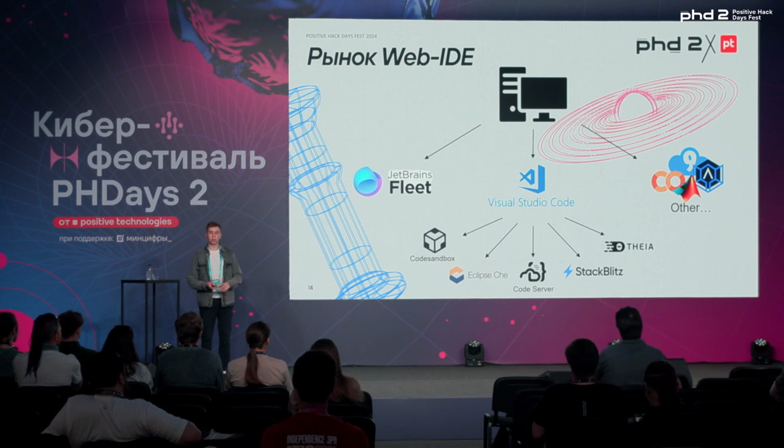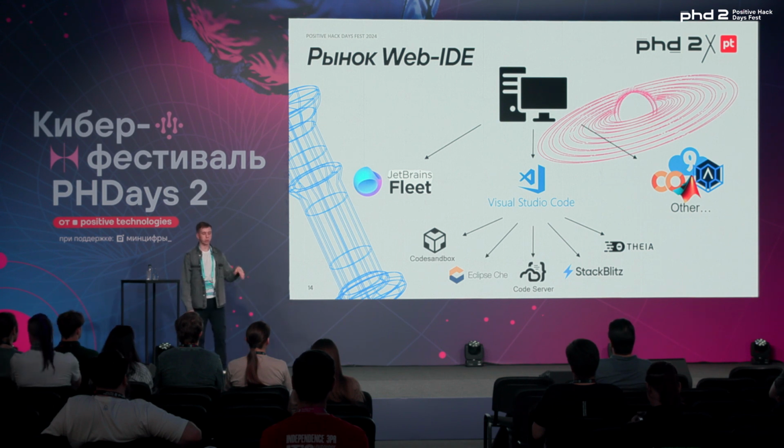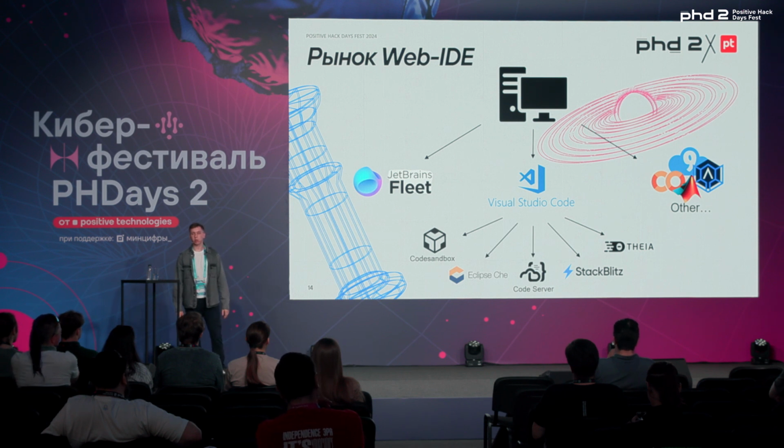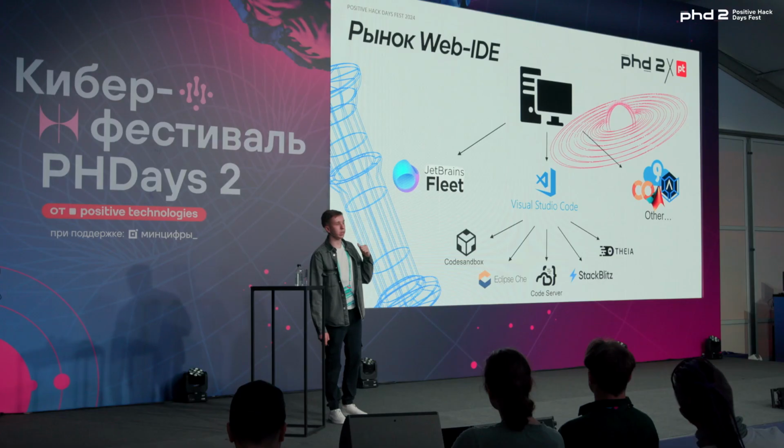Now, I'm showing them here as three groups. IDEs that are coming from JetBrains, that is Fleet primarily. Now, there are some others that are sort of similar. Now there is also the Microsoft family, primarily represented by Visual Studio Code, and some other IDEs in Group 3. Why such a division?